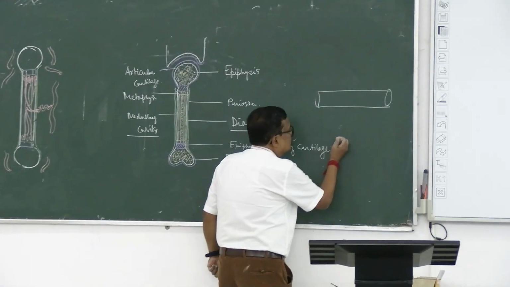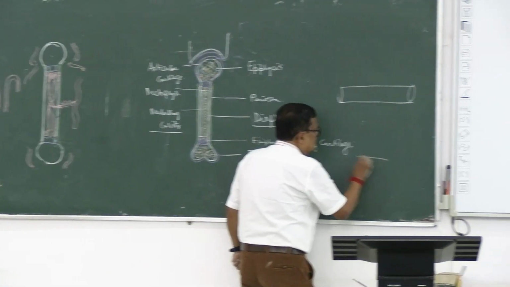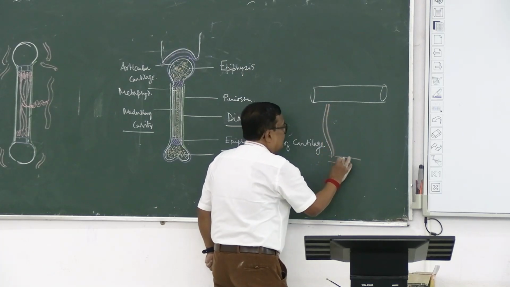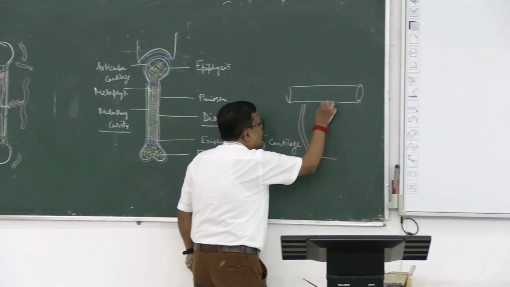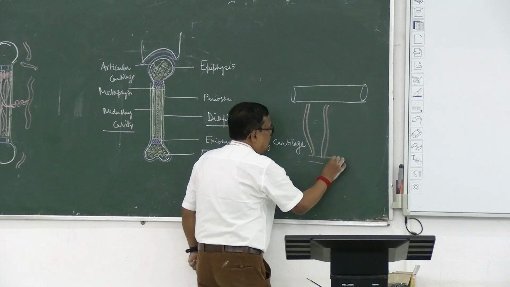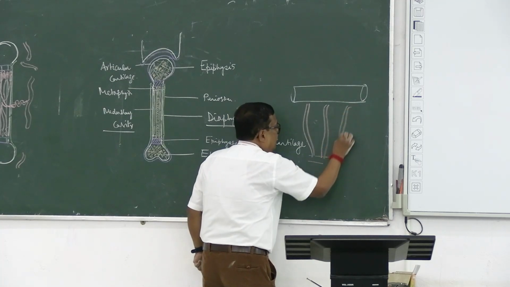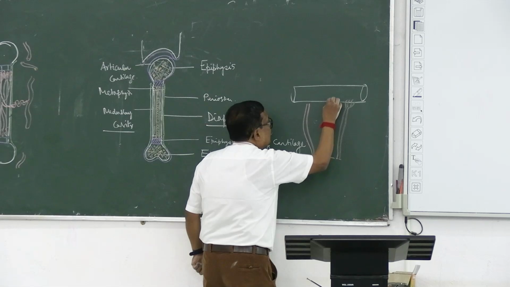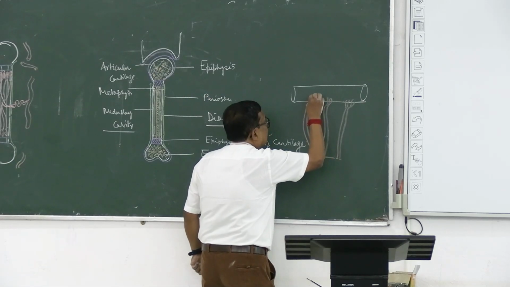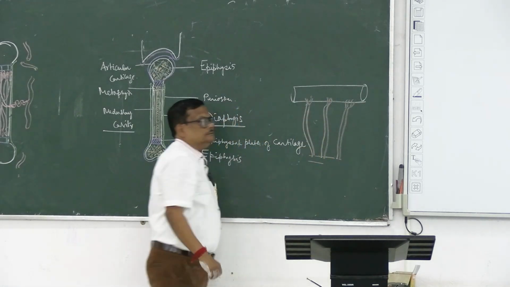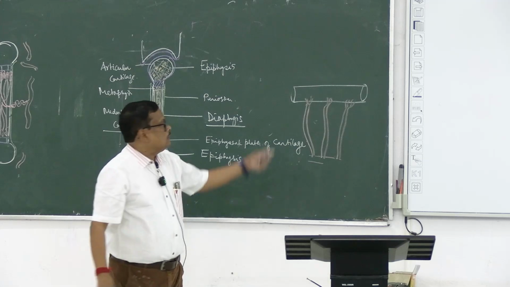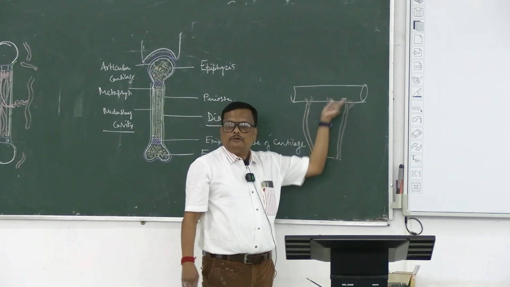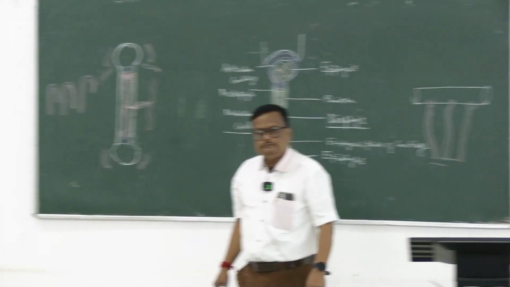Branches of artery, a big branch, a number of arteries arise and supply this part.